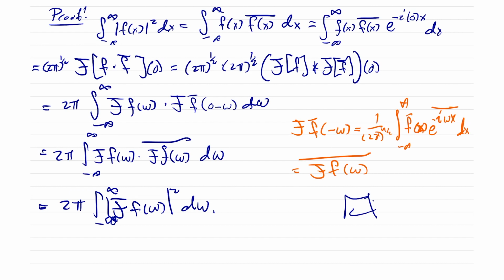A note that Feynman mentions is that apparently Rayleigh established this back in 1889, and he assumed that both integrals were finite, and Plancherel was the one who proved that if one integral is finite, then the other one is too, and he did it basically through this chain of equalities. So yeah.